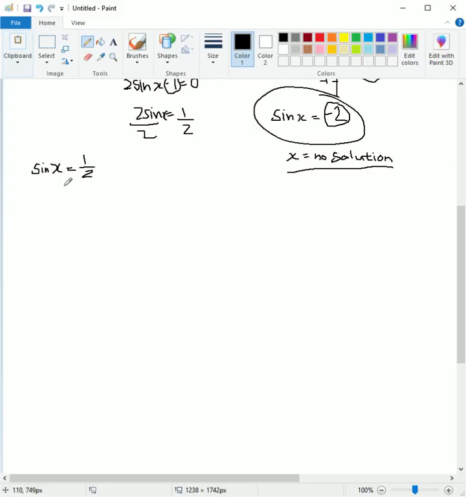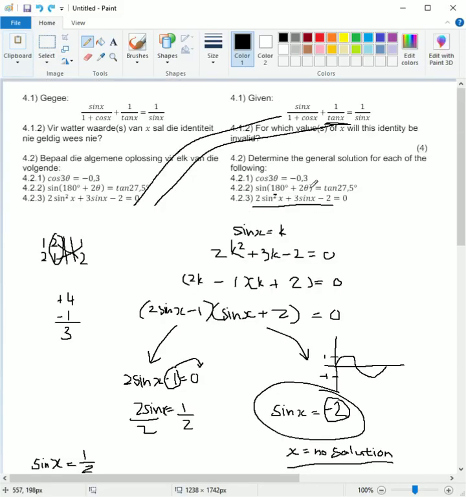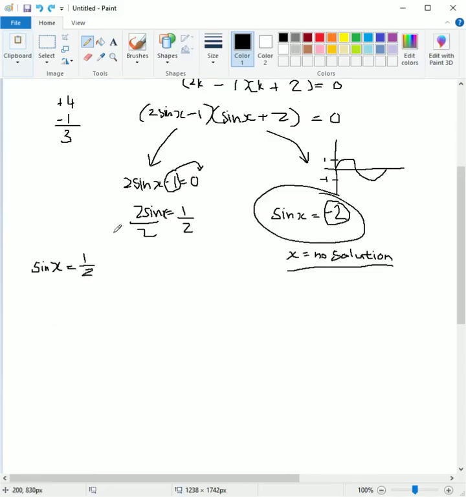This side over here will produce 2 solutions, same as the general equations which we did in the previous 2 videos. We are dealing with sine x equals a half, so we'll draw our CAST diagram. Sine is positive, so we are in the first and second quadrants. Let's find our reference angle. Our reference angle is going to equal arc sine of a half.